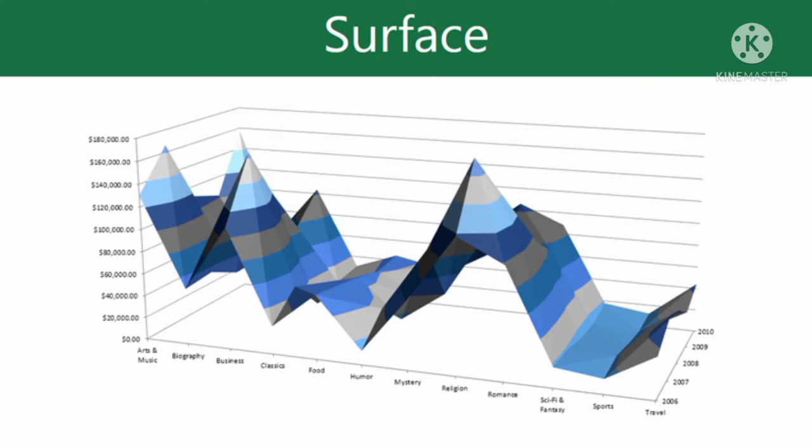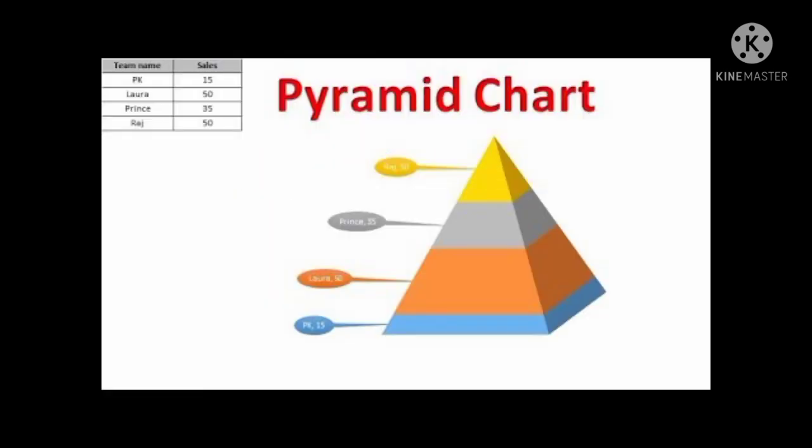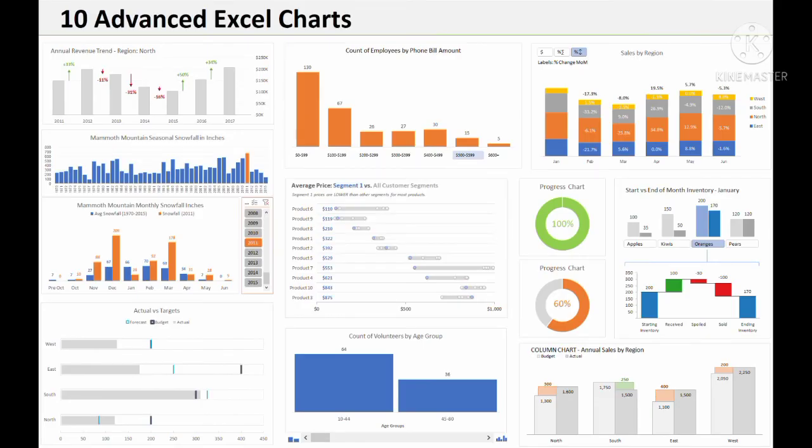Here is a graph of a 3D surface chart. Next type of chart is pyramid charts. Excel also allows representing selected information in conical, cylindrical and pyramid charts. So students, these are all the types of charts.